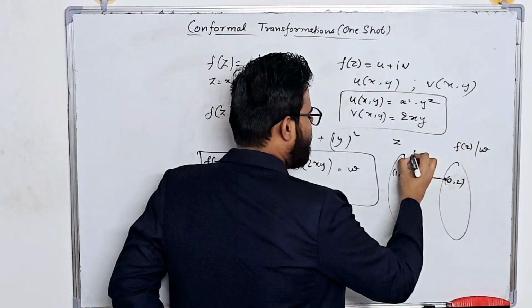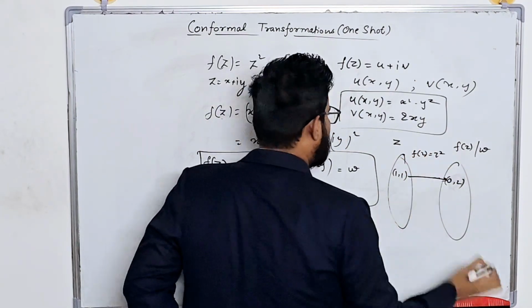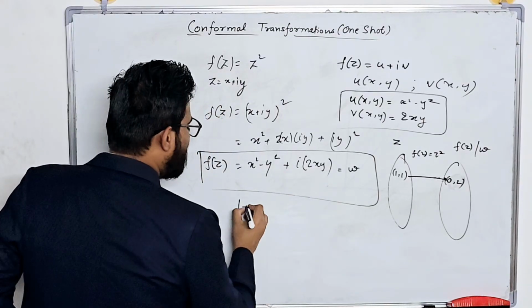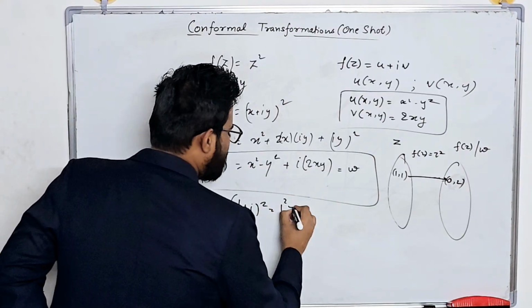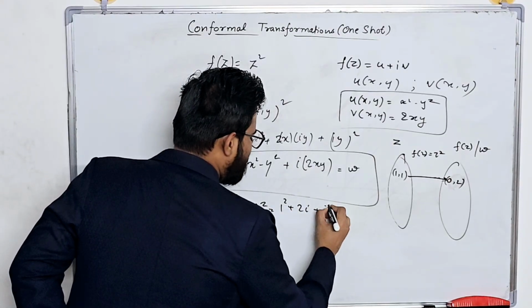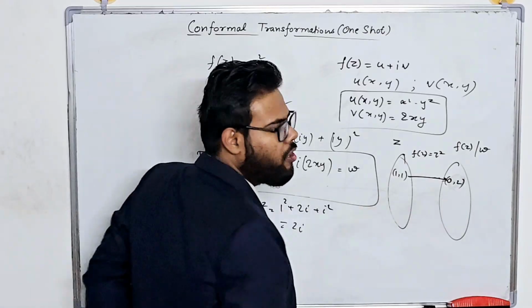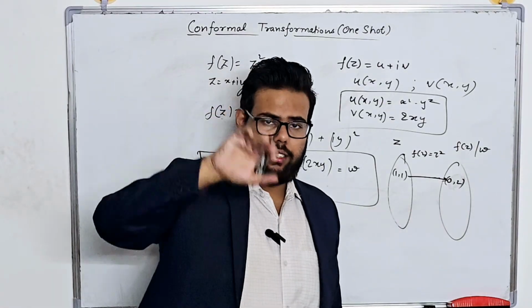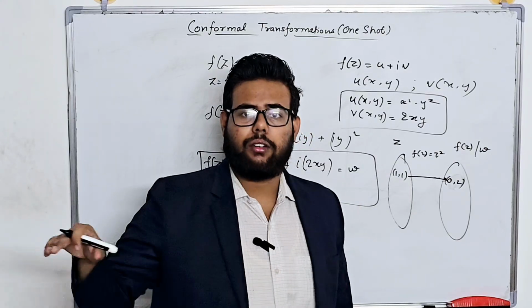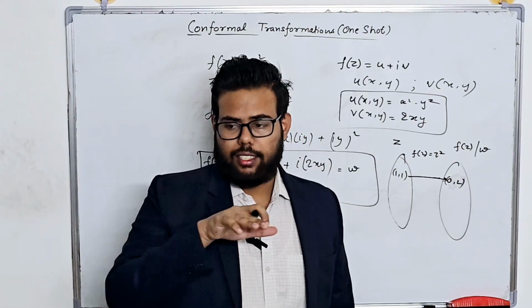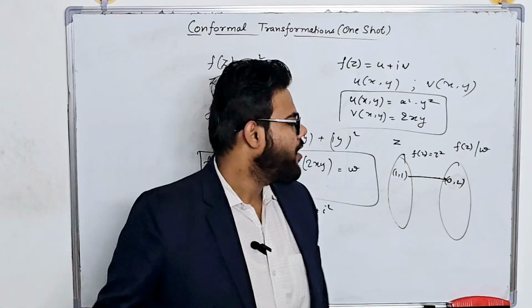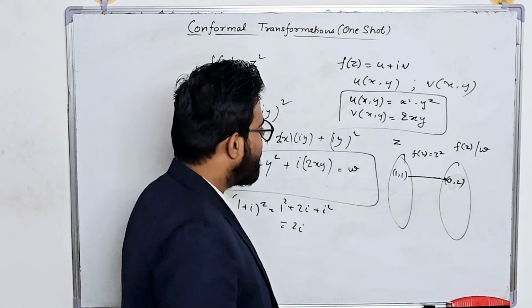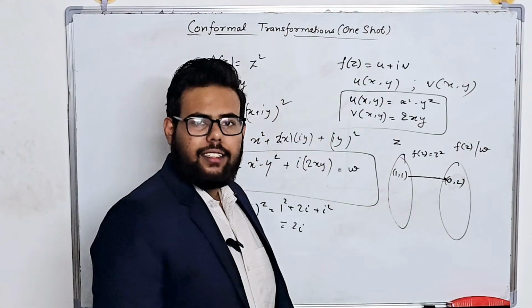So it is basically f(z) = z². You can check it also: (1 + i)² = 1² + 2i + i², which is equal to 2i. Hence it is (0, 2), where we know that the imaginary part is along the vertical axis and the real part is along the horizontal axis. So we can represent all the points like this.